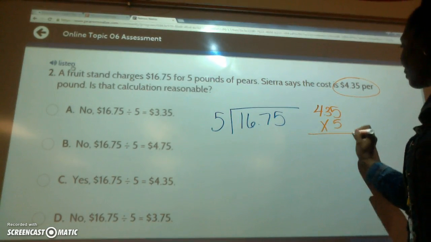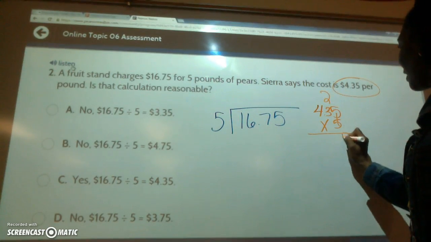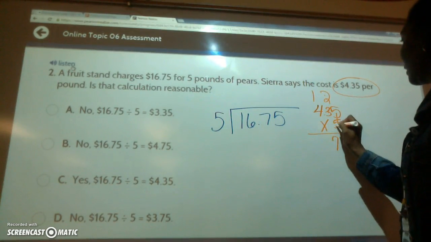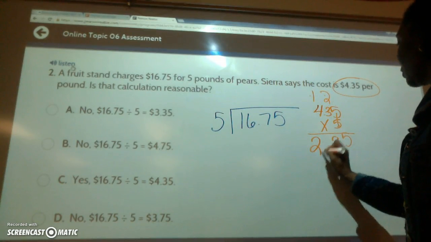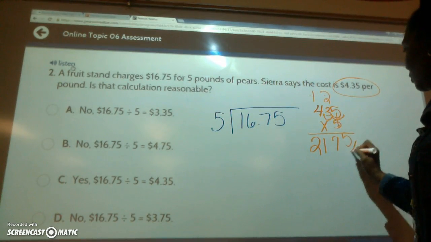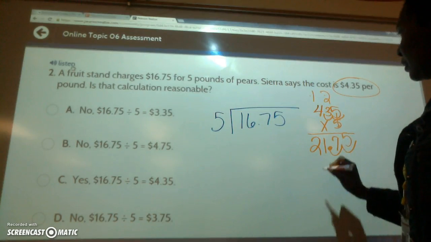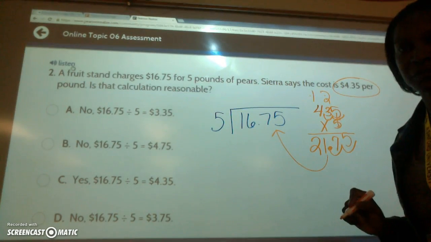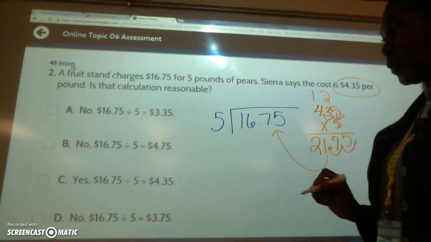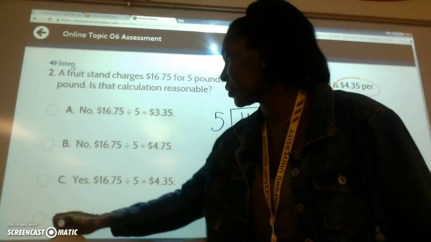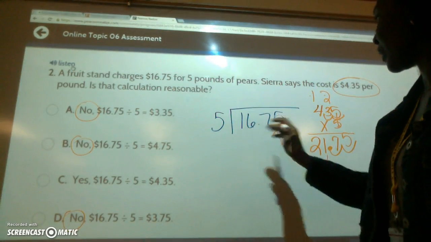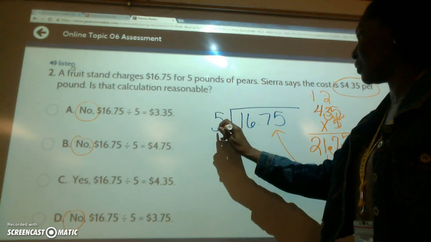Times 5, 25, 5, 3, 15, 16, 17, 20, 21. Is that reasonable? Does that match? No, it does not. So we know the answer is no, but we do not know what the correct answer is. So now we need to work the division.